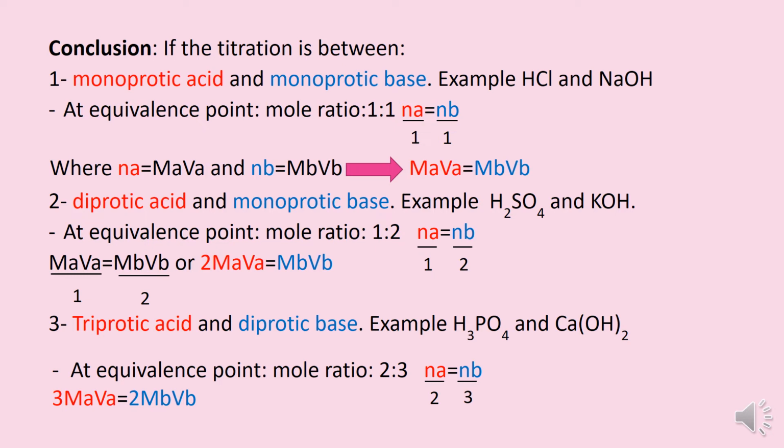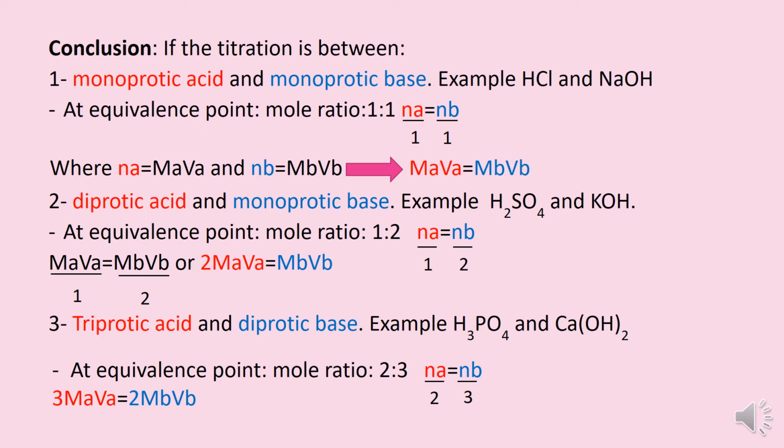What is a monoprotic base? Similarly, it is a base that consists of one OH-. Now, at the equivalence point, or as we said in the previous lesson, at neutralization, the mole ratio between the acid solution and the base solution is 1 to 1.